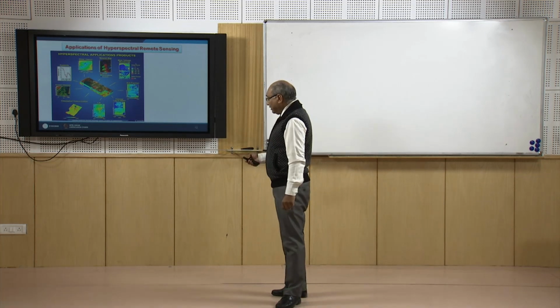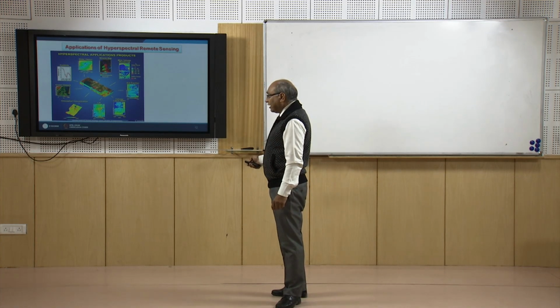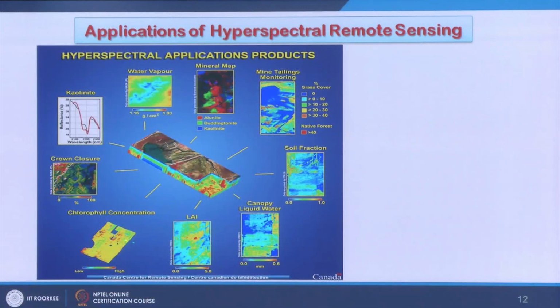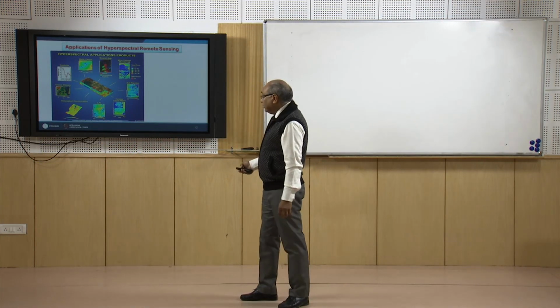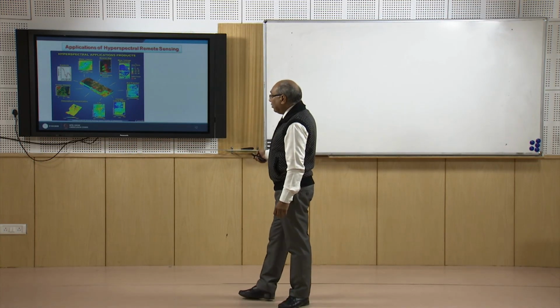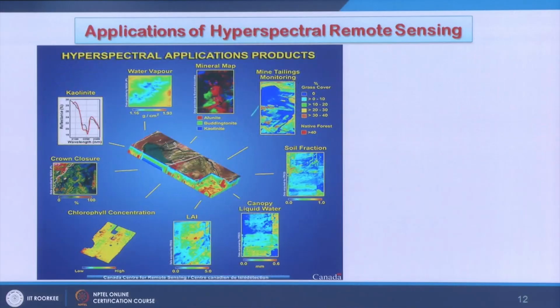Those things can be assessed very easily. Chlorophyll concentration, again related to the health of the vegetation, whether high or low chlorophyll concentration is there, which part has less, which more. All these things can be sensed by hyperspectral remote sensing. The crown closure of plants, kaolinite, which is again soil mapping, and the water vapor. Water vapor or the atmospheric thing can also be studied with hyperspectral remote sensing.